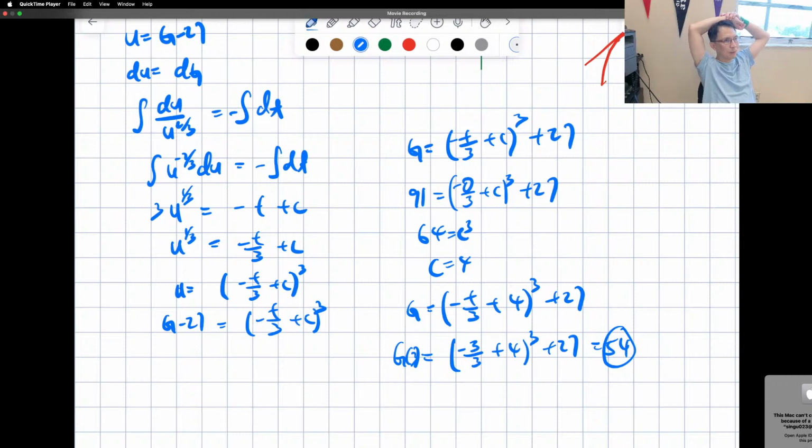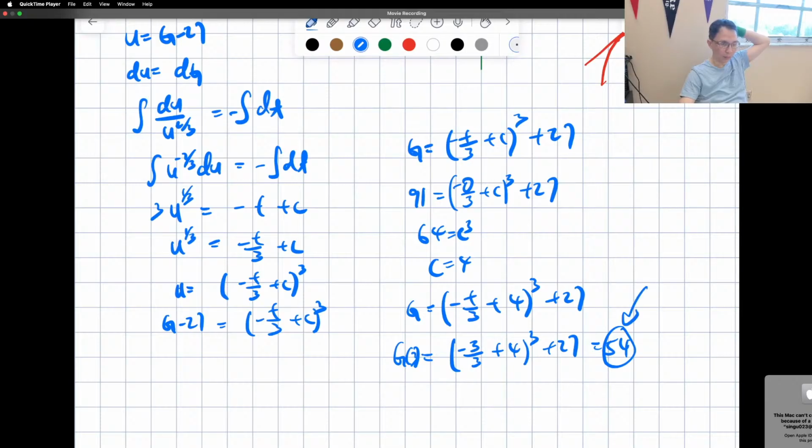I think it's much easier to keep a C, but it doesn't really matter that you did C over 3, though most people told me the same thing. Okay. Is this okay?